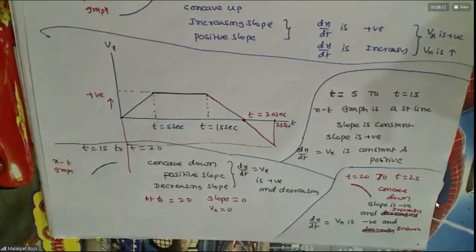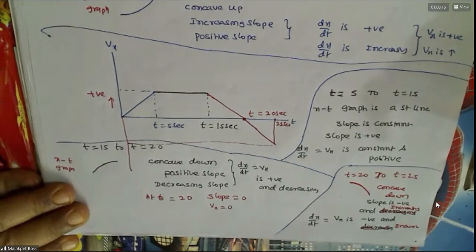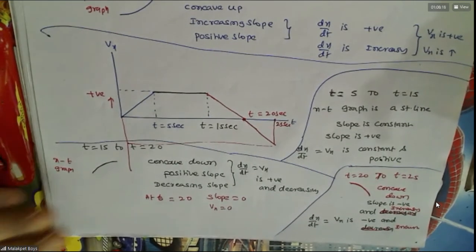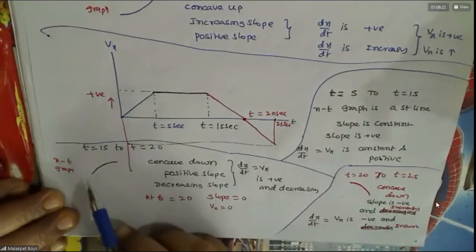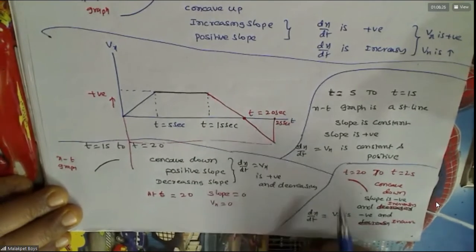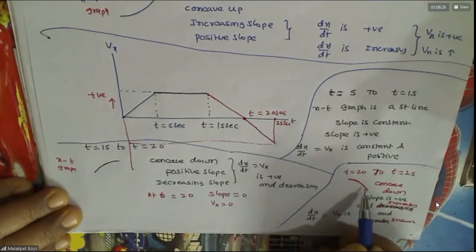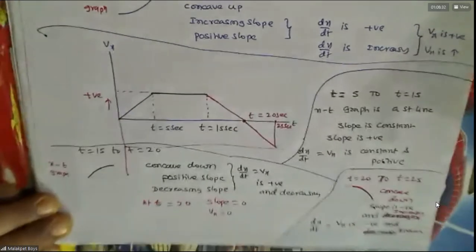Sir, slope is negative and decreasing from t equals 20 to t equals 25. No, concave down. Look at the notes. In this way, it is decreasing slope. Here, increasing slope, because you can draw a straight line and the angle made with the x-axis will be increasing.